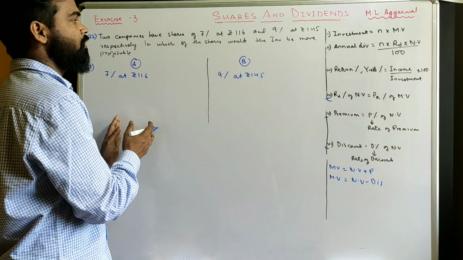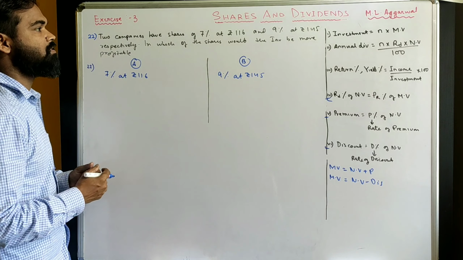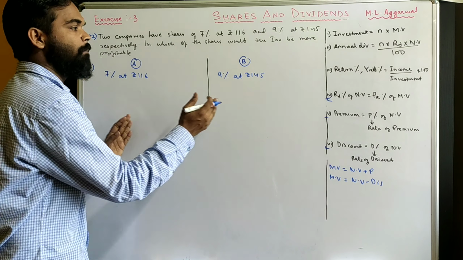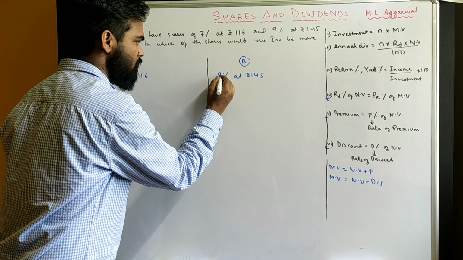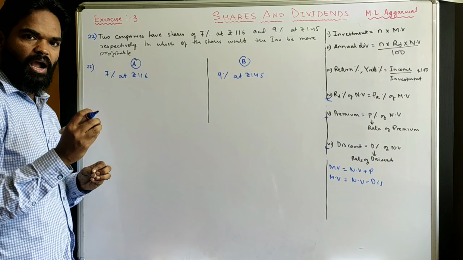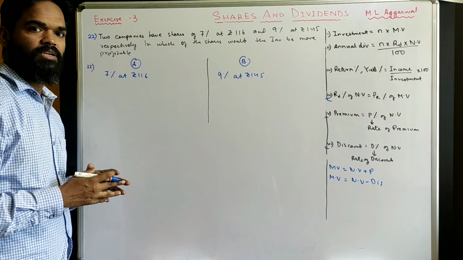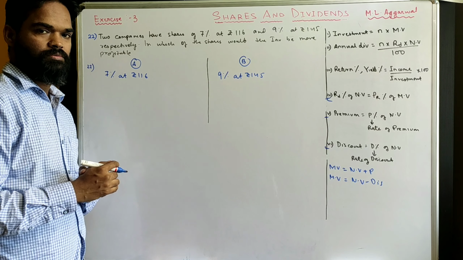In which of the shares would the investment be more profitable? As an investor, which company to choose? It's very easy. The company which gives me higher return percentage, that company I'll choose.